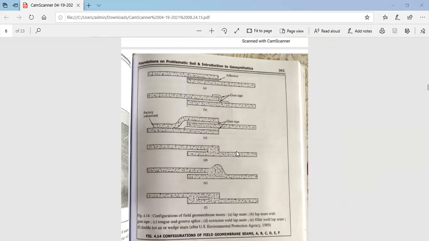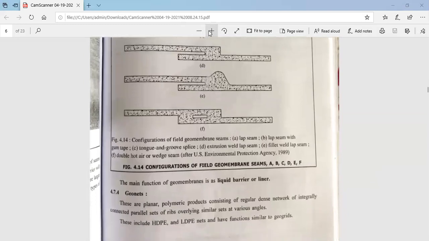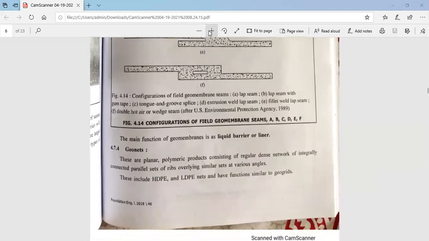D describes an extrusion wheel lap seam. E is a fillet wheel lap seam, and F is a double hot air or wedge seam. So these are all the configurations of field geomembrane seams A, B, C, D, E, F. The main function of geomembranes is as a liquid barrier or liner.